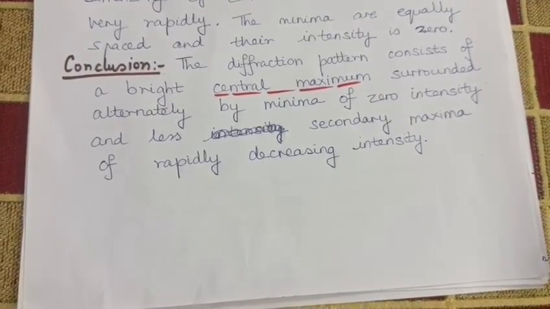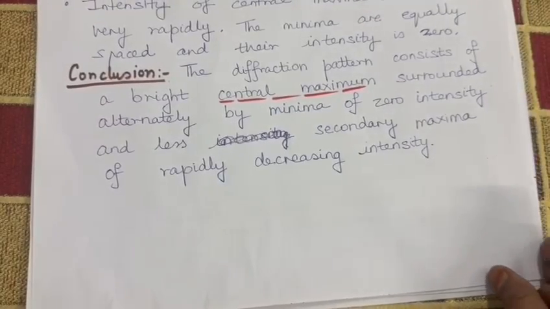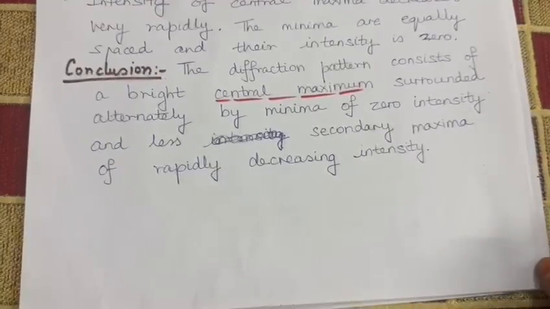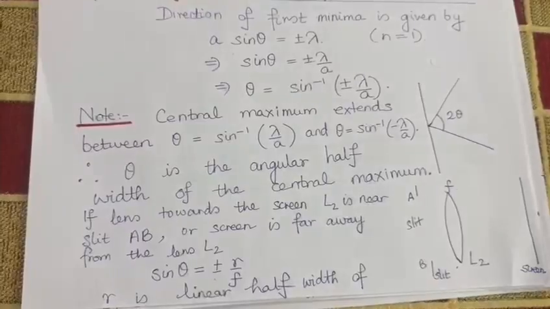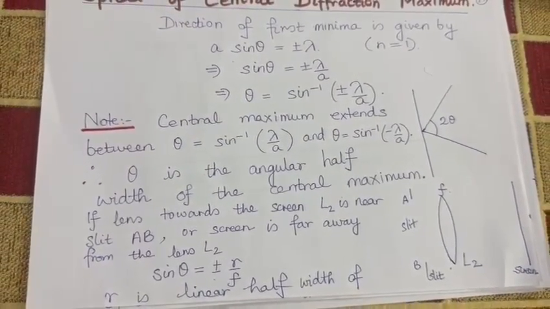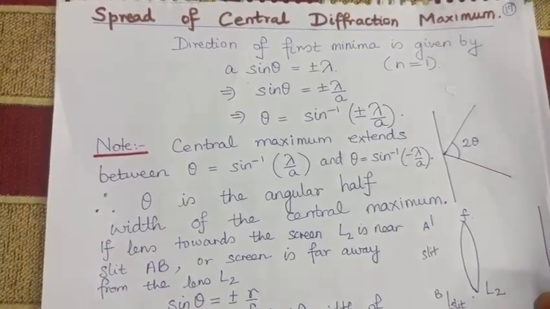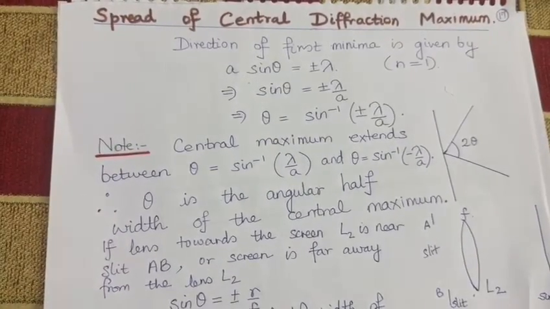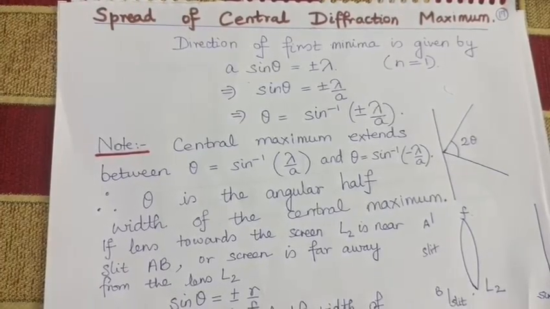The diffraction pattern consists of a central maxima surrounded by minima of zero intensity and less intense secondary maxima of rapidly decreasing intensity. Now, the spread of the central diffraction maxima: the direction of the first minima is given by a sin theta equal to plus minus lambda for a single slit, so sin theta is equal to plus minus lambda by a.